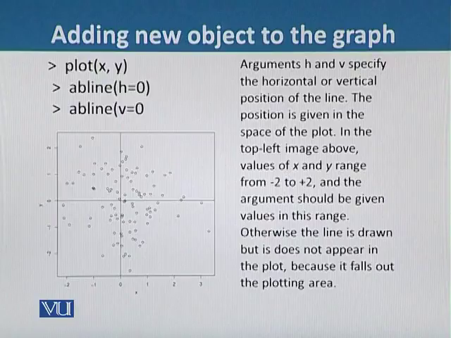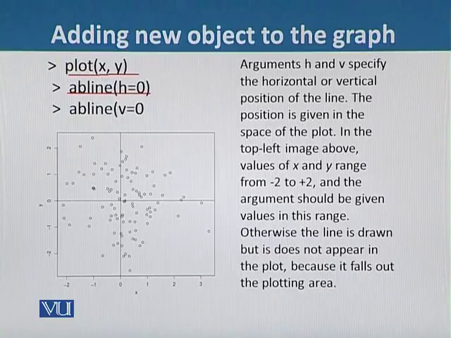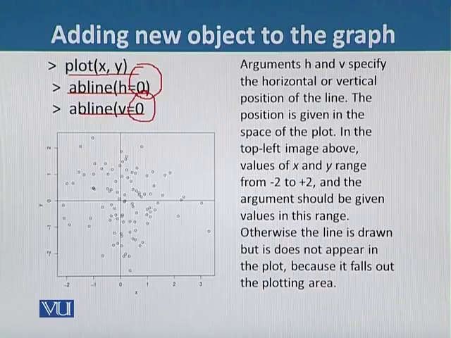If we want to plot a graph of x and y and have added abline, we have given that h is 0 and v is also 0. The arguments h and v specify the horizontal or vertical positions of the line.